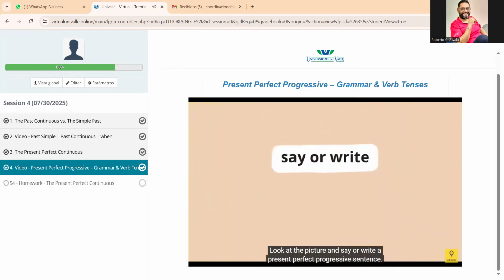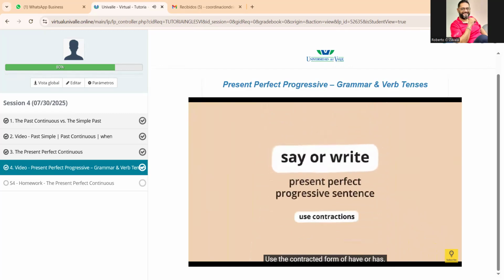Look at the picture and say or write a present perfect progressive sentence. Use the contracted form of have or has.